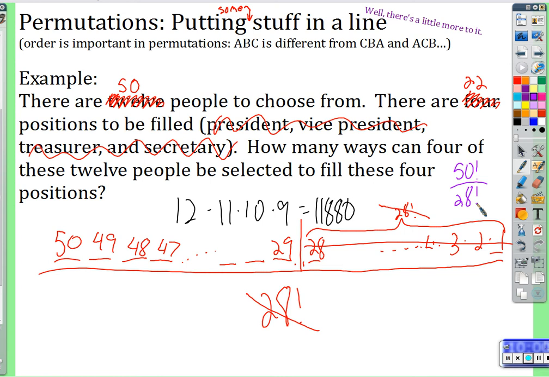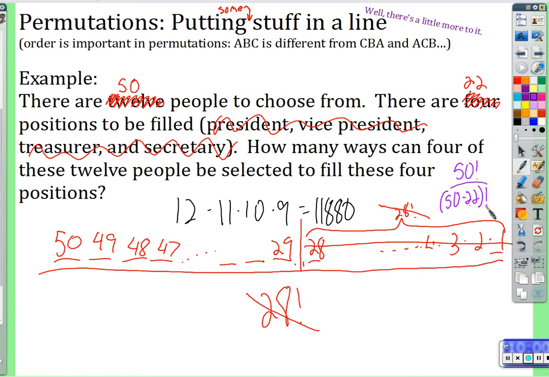And how do we get 28? We subtracted 22 from 50. We just took 50 minus 22, and whatever that number was, we threw a factorial on it, and it canceled all that bottom stuff. We want that top stuff. We want the top 22 positions to be all ordered. And we don't want those bottom 28. We want to eliminate those.